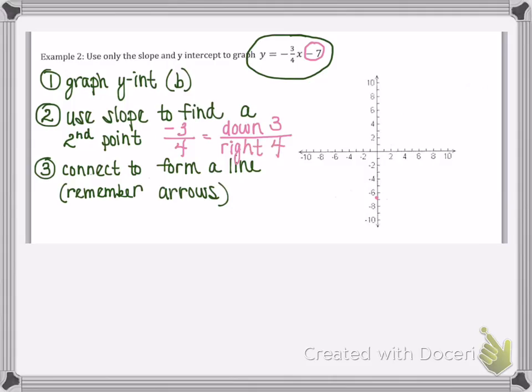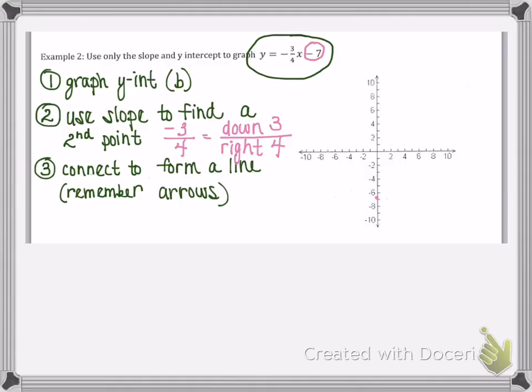And I'm getting that because the numerator is the y. Y can represent up or down. It's a -3, so I'm going to go down 3. And our denominator is x. It's positive, so you're going to go to the right 4.